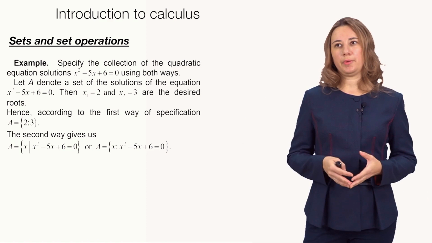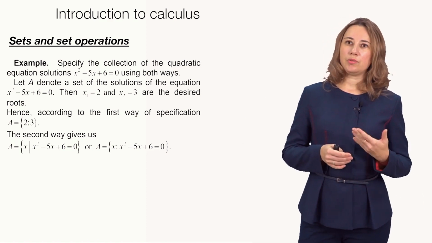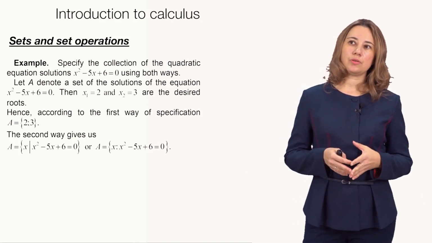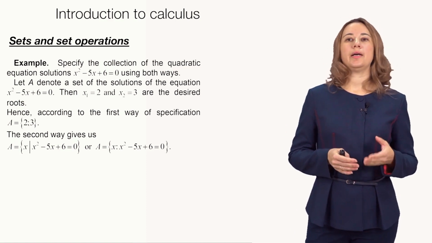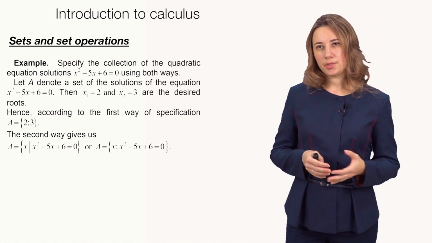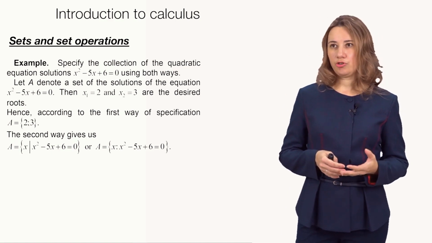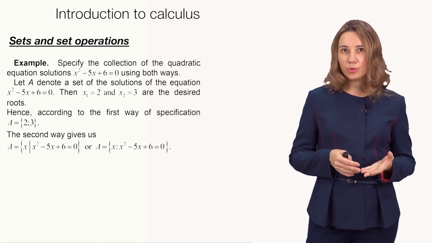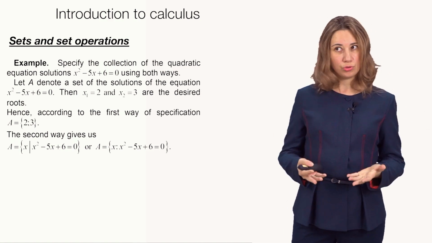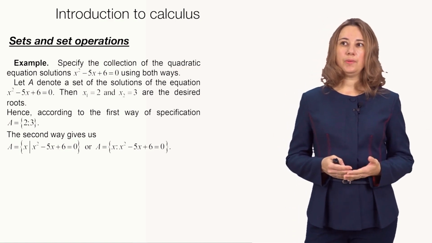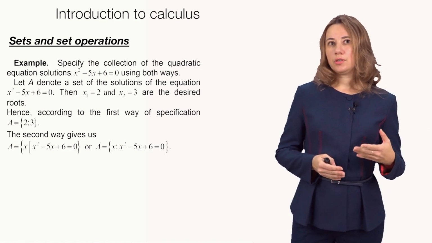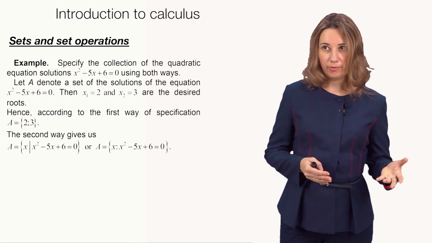Let's make an example. The problem is to define the set of solutions of the quadratic equation x squared minus 5x plus 6 is equal to 0 using both ways of specification. First of all, we should find roots of the given equation. Of course, it's obvious that these are 2 and 3.